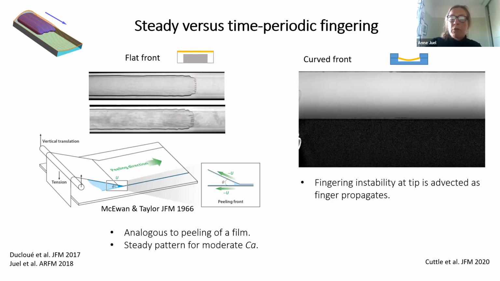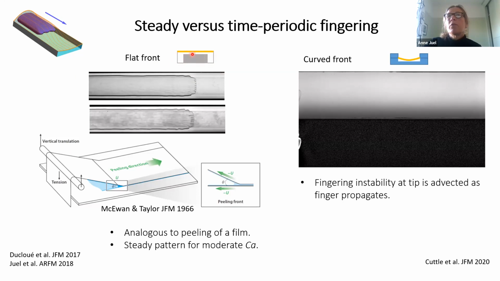So typically when we talk about fingering, we always start with a flat interface, but a flat interface in a channel isn't something that's possible to create, because you always have boundaries, so you can't create this idealized system. But this elastic channel allows us to play around with the channel cross section.